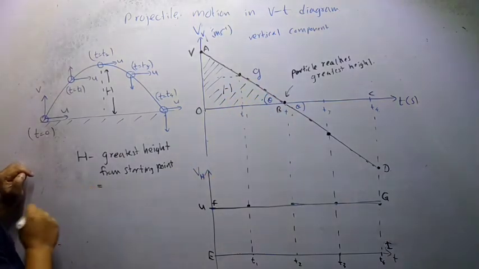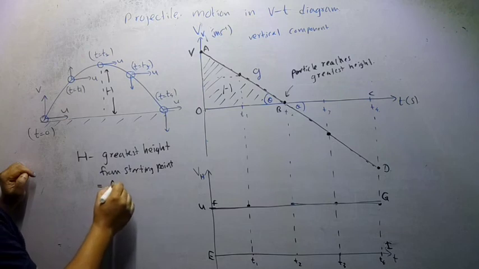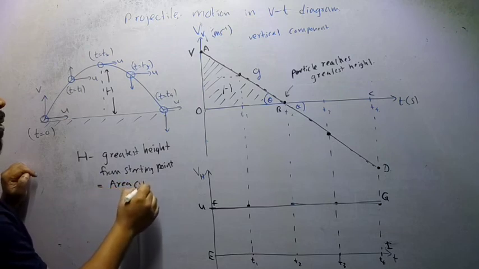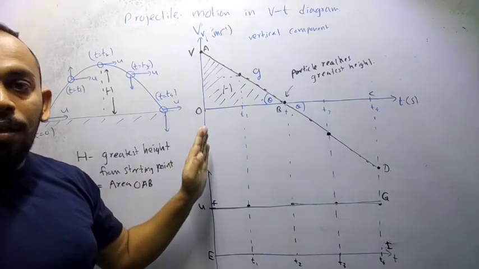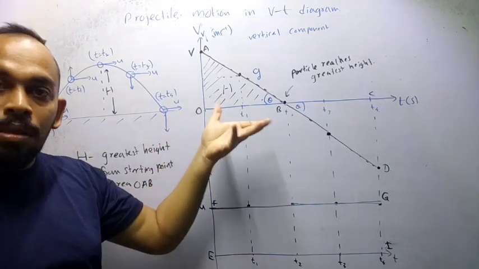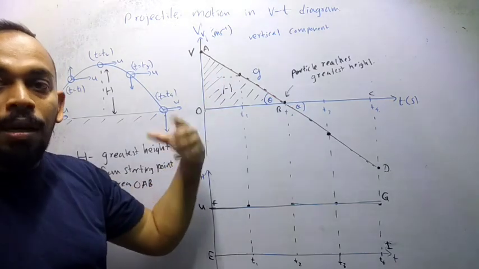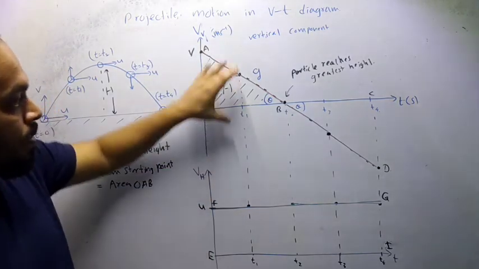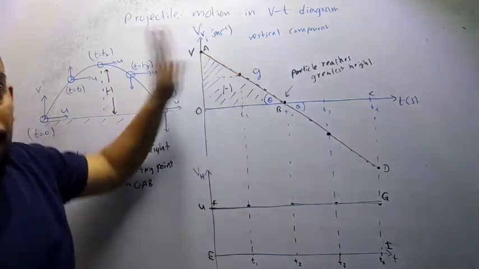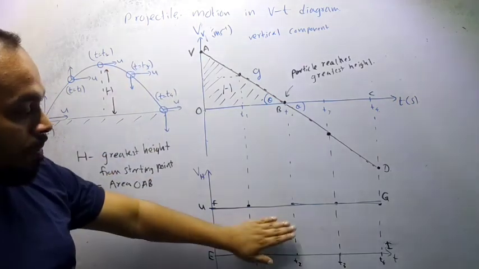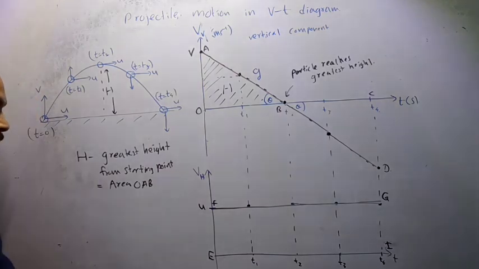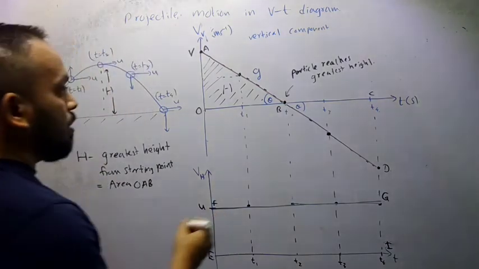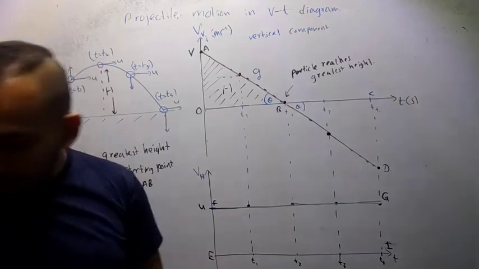This is equal to area OAB. Right? The area under the curve represents the displacement. So this shows the vertical displacement. The area of the vertical component shows the vertical displacement. This area shows the horizontal displacement, right? Horizontal displacement. So I will mark it like that here.